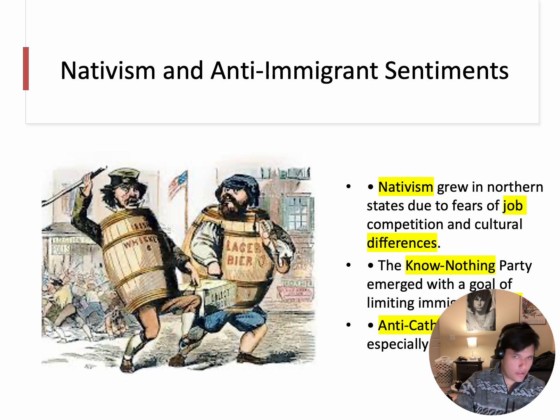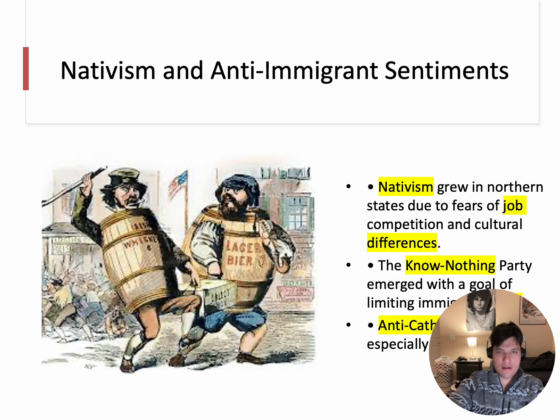This led to the formation of groups like the Know Nothing Party, which aimed to restrict immigrant rights, especially focusing on anti-Catholic sentiments due to the large number of Catholic Irish immigrants. That's basically what it's talking about on the slide. Let me go ahead and go on.